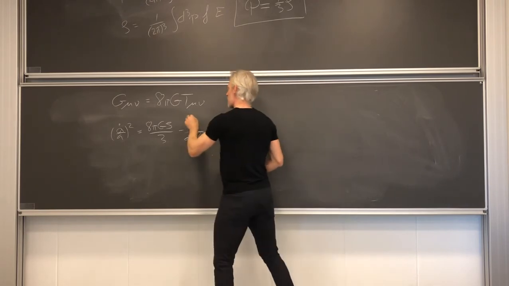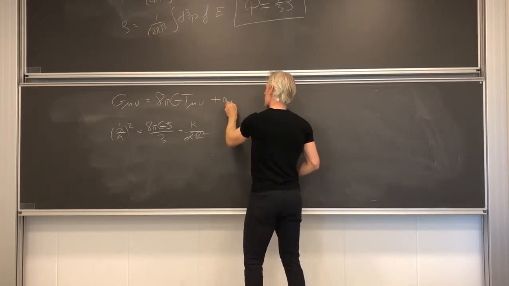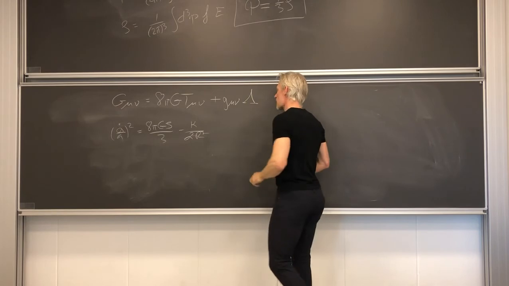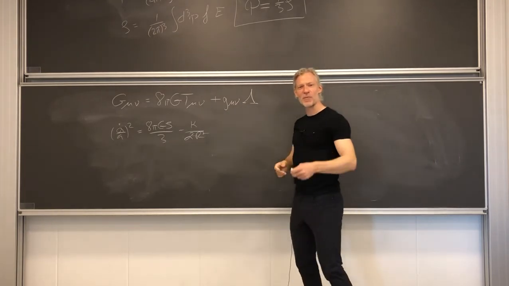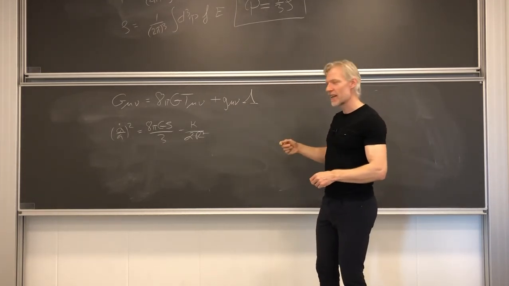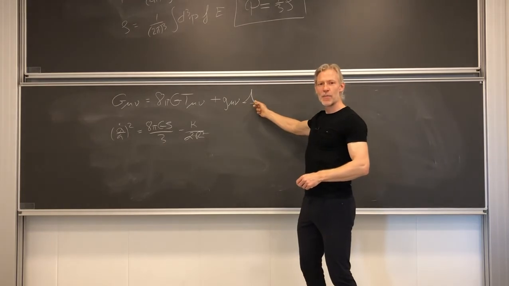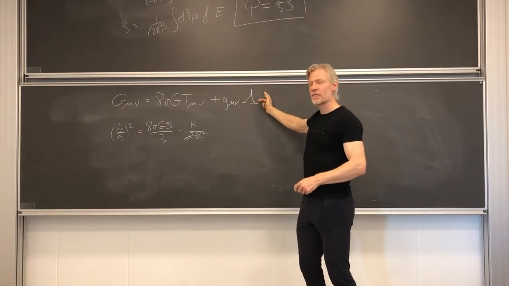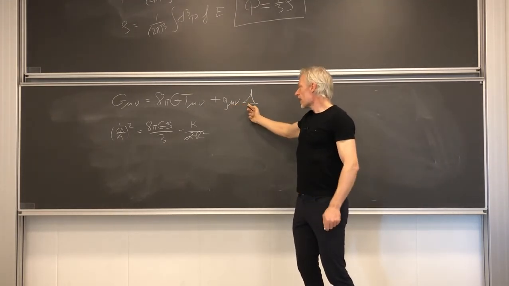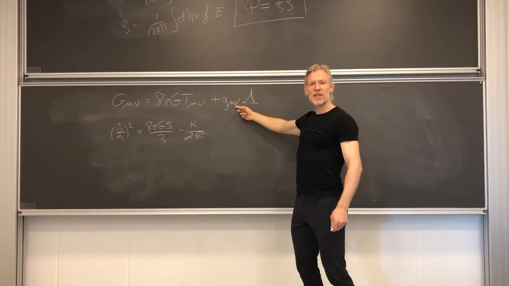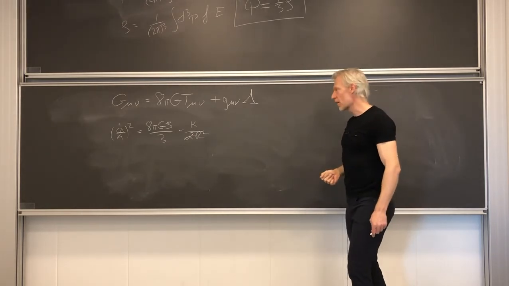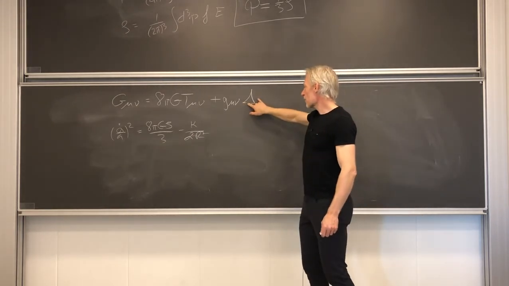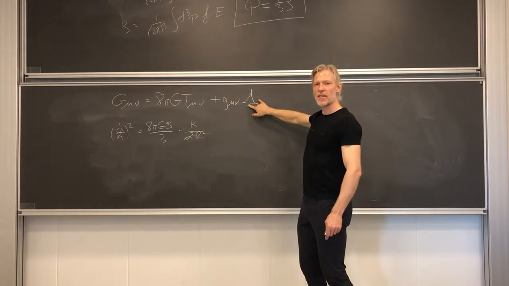So in fact, it's possible to put something which is proportional to the metric tensor. It's related to the stuff that we talked about in the previous video, namely that you have the Ricci scalar appearing here. And of course, you could put any other scalar function in here as long as it's proportional to the metric tensor, because then it transforms properly under any Lorentz transformation you can think of. And Einstein called this the cosmological constant.